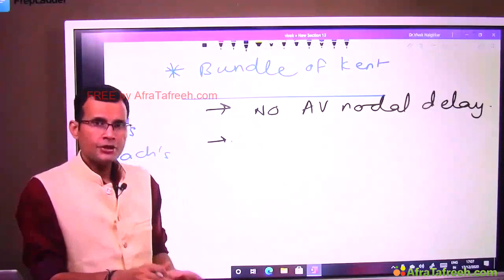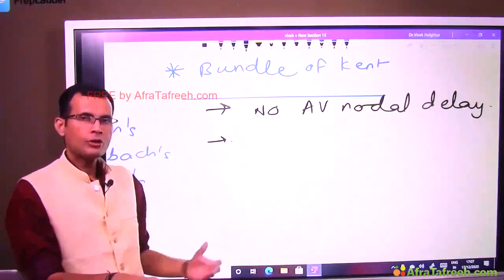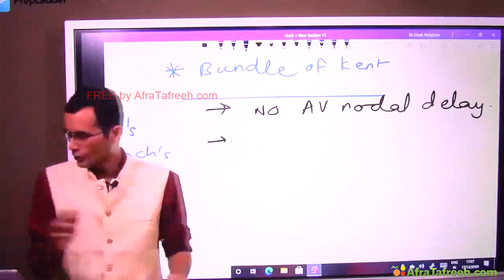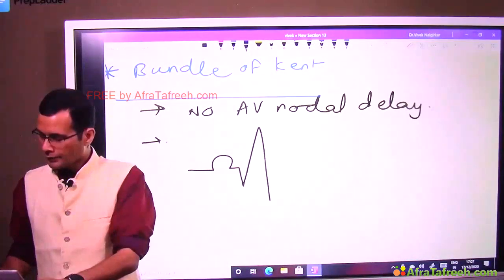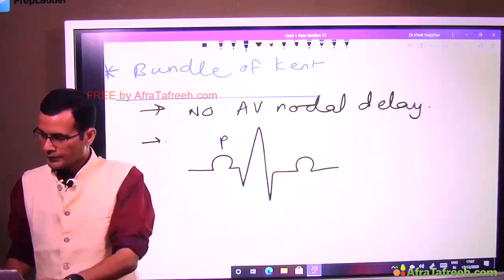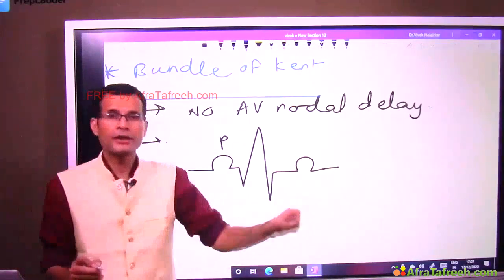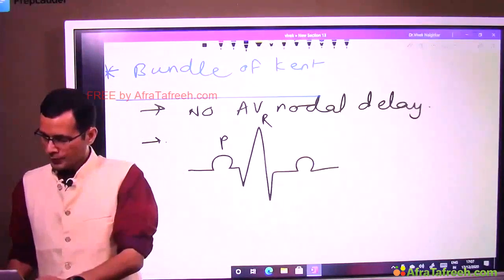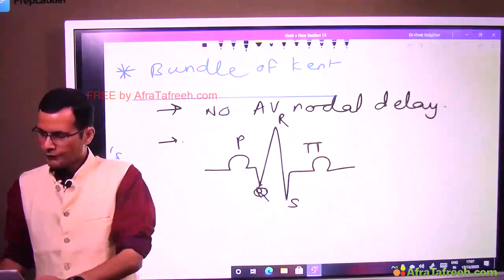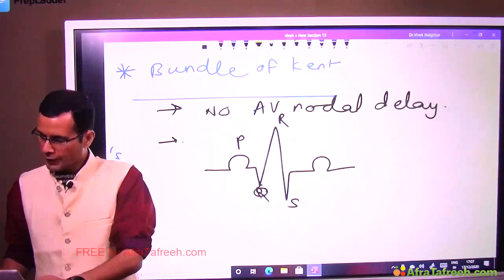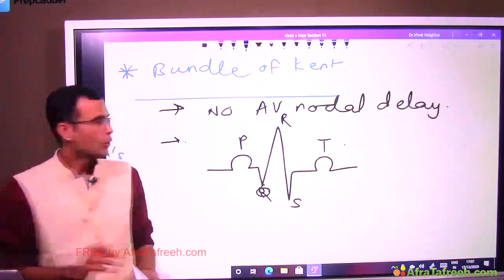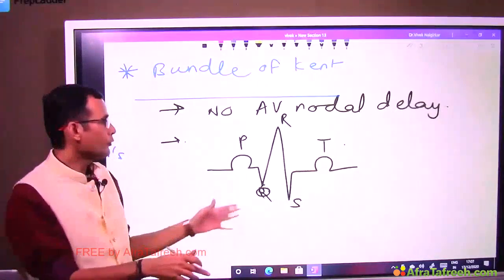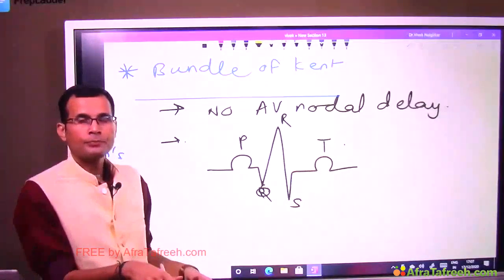On the ECG, you will refer to the ECG later on. But on the ECG, AV nodal delay is represented as the PR interval, and therefore if there is no AV nodal delay, then on the ECG there would not be a PR interval.